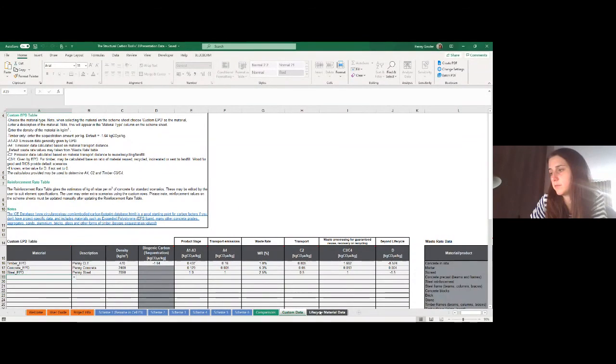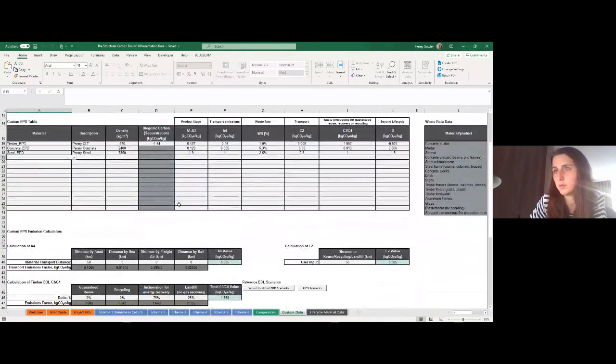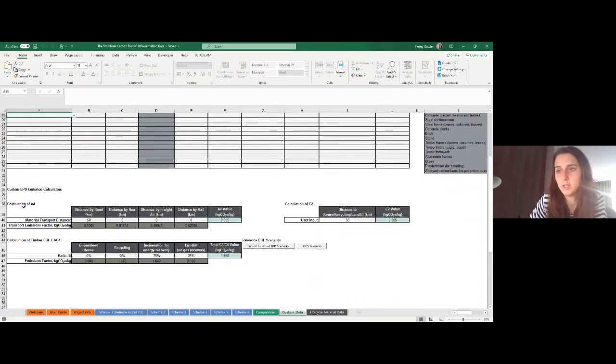So in terms of all of the material data, transportation is in there both for A4 and C2 for all of the standard data. But what I touched on very quickly was down here: if you want to calculate an A4 value, then you can simply say how far it's travelled by road, distance by sea, just put a number of kilometres in, and so on.